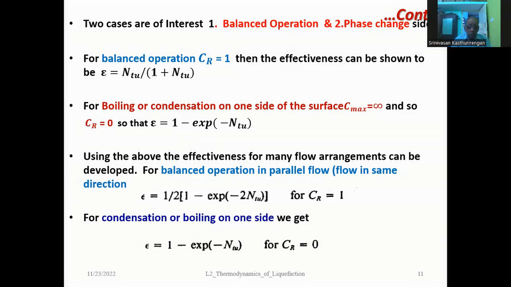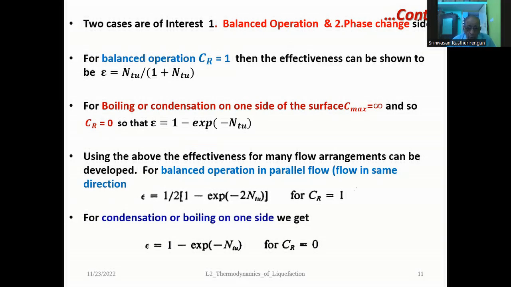So CR is equal to 0. If you use this condition, then you get epsilon, the heat exchanger effectiveness, equal to 1 minus exponential of minus NTU. These are the general expressions that you get for determination of heat exchanger effectiveness.